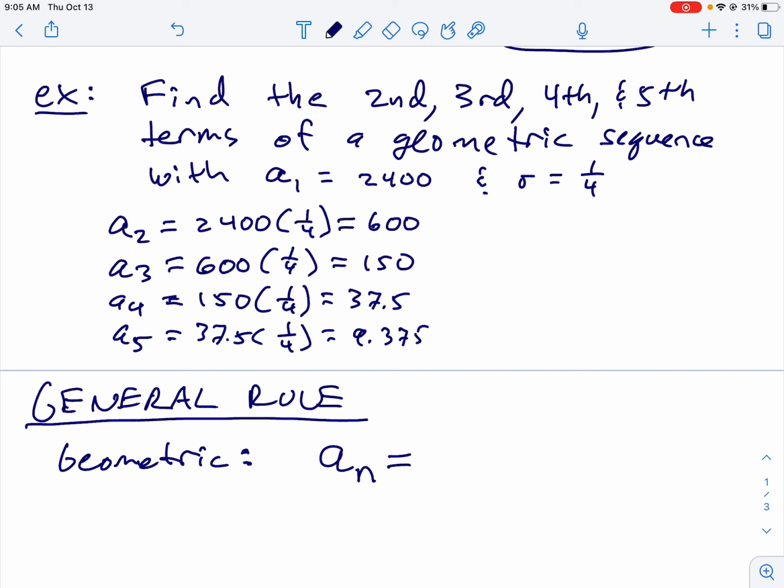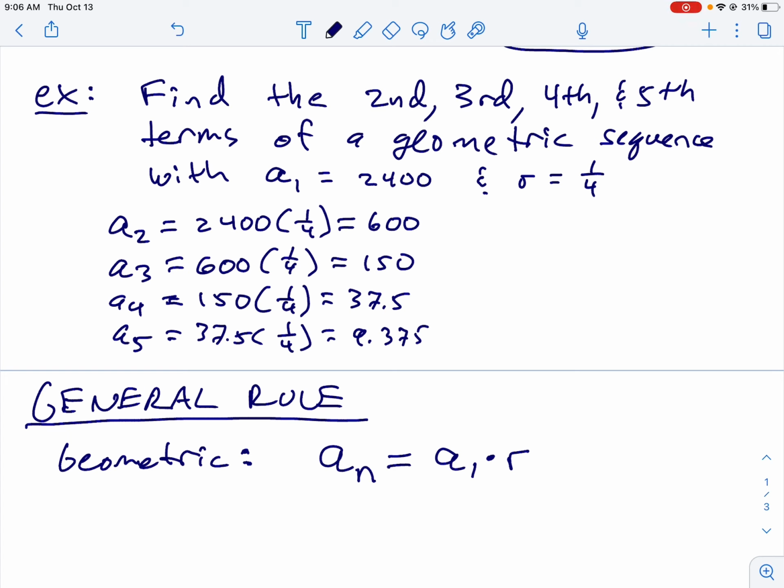So I'm going to say A1 is involved. And then what did I do? I multiplied by the ratio. Okay? And this ratio gets multiplied a certain number of times depending on how many we need. For example, you can even see it right here.